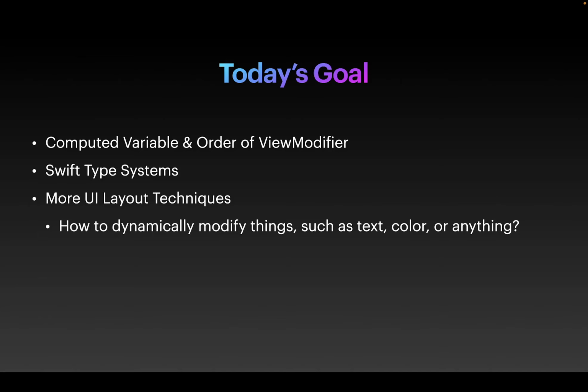For example, .frame is a view modifier to specify the frame of your views, right? And you can also apply foreground color and paddings to your view. They are all view modifiers, okay? But one important thing is the order of how you apply view modifiers actually matters a lot. And we're gonna get to that, okay?